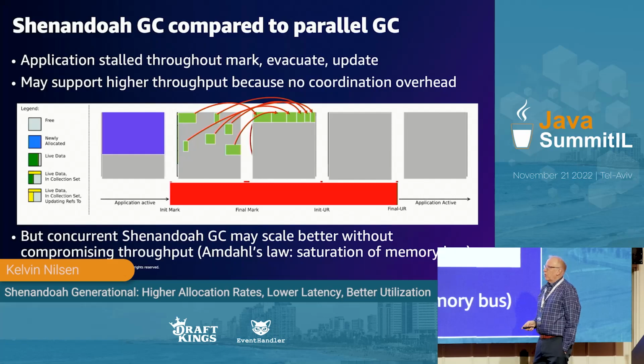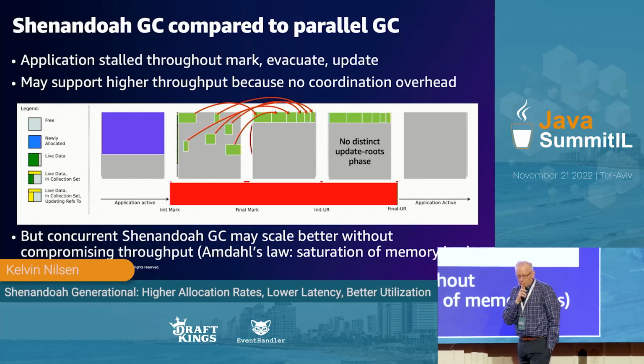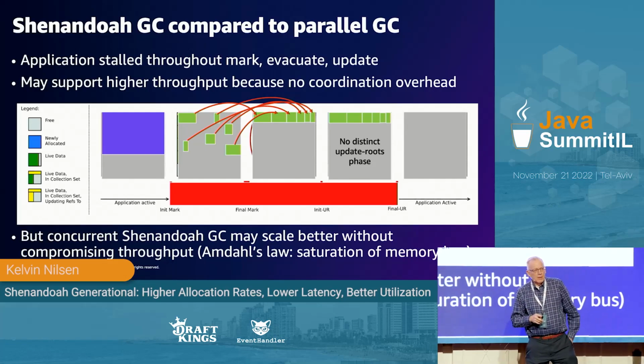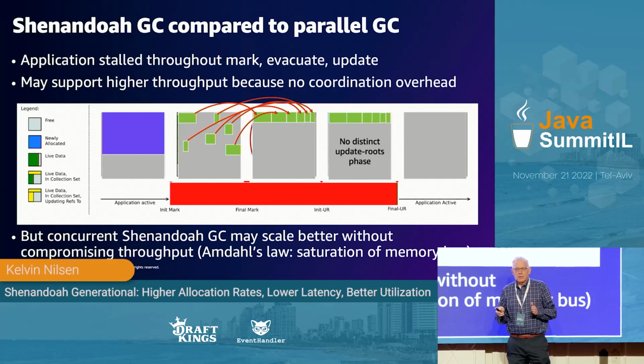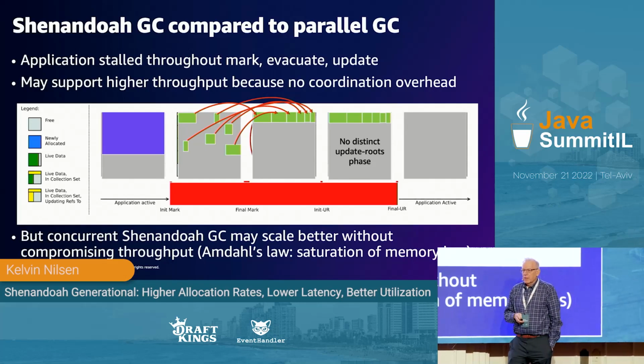Similar behavior, though, in terms of what it does, just everything is stopped while it's happening. So there are typical comparisons made between parallel garbage collection and a concurrent garbage collector like Shenandoah.